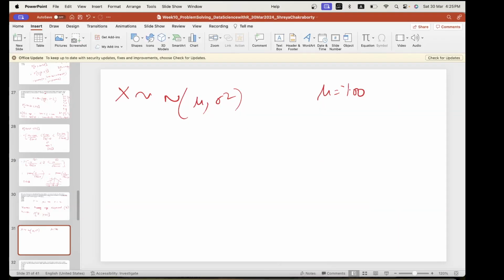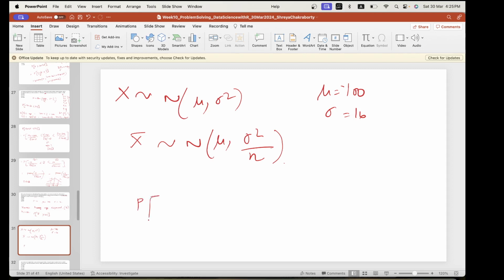Alright. So mu was 100 and sigma was 16. So x bar follows normal mu, sigma square by n.